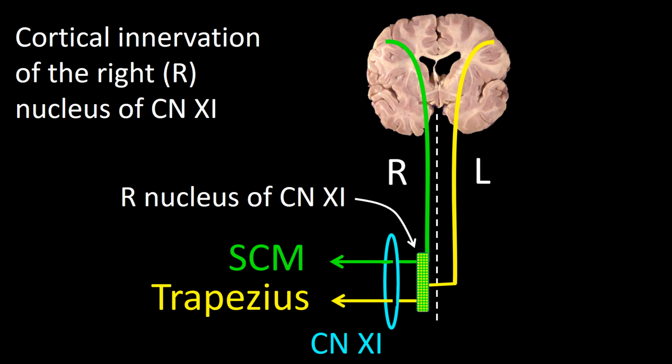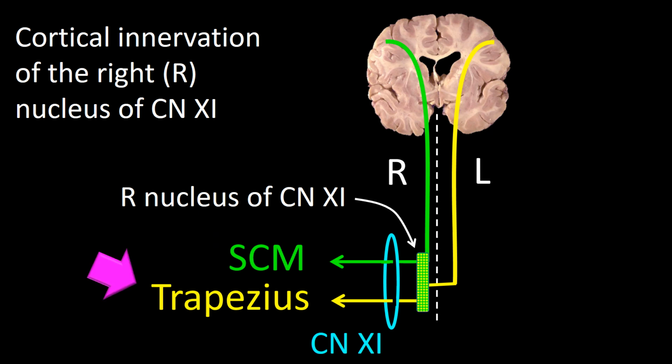This diagram illustrates the cortical innervation of the right nucleus of cranial nerve 11. Notice that the right sternocleidomastoid is innervated by the right accessory nerve, whose bodies are in the right spinal cord nucleus of cranial nerve 11, and that this nucleus receives innervation for the sternocleidomastoid muscle from the ipsilateral cortex.